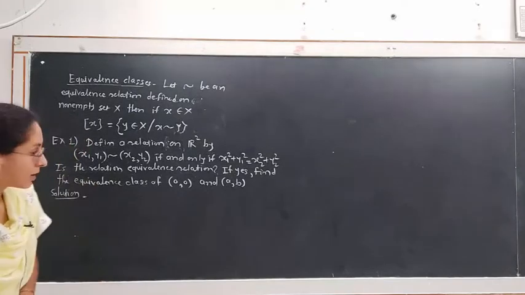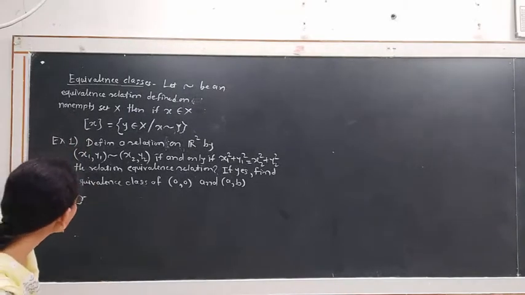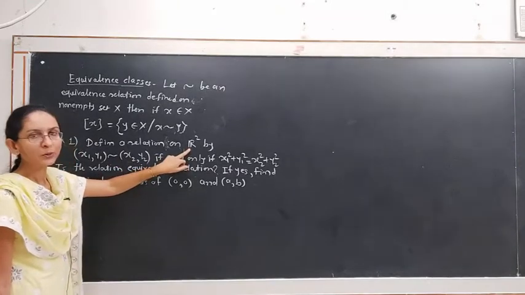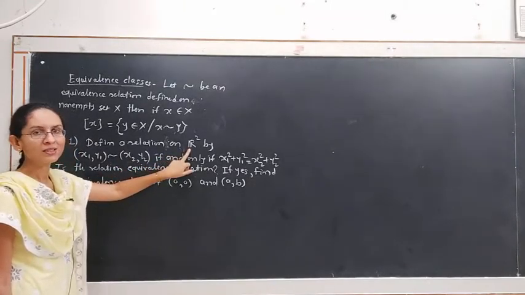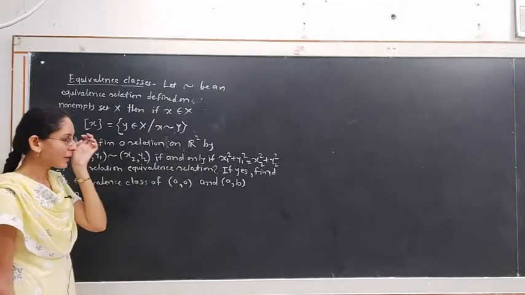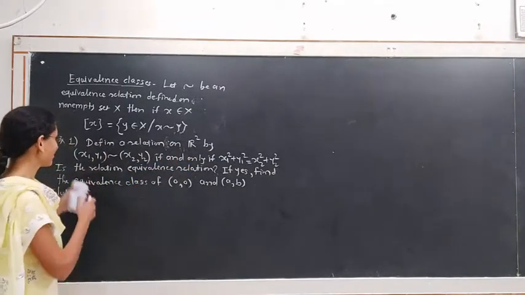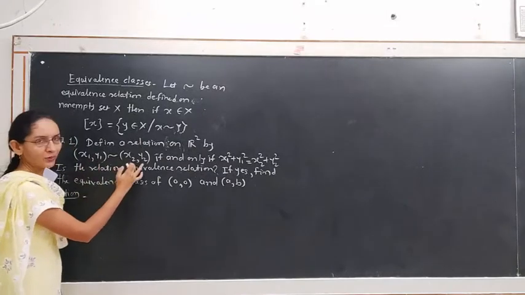We are defining a relation on R2, where the points in R2 are in the form of ordered pairs. Consider two elements of R2, that means two ordered pairs of set R2 in this form, (x1, y1) and (x2, y2).